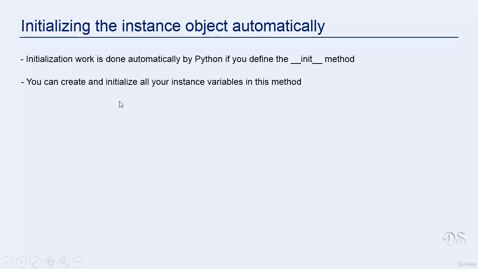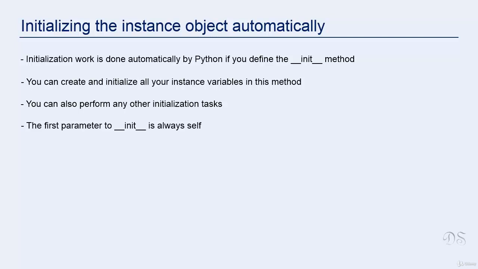Although instance variables can be created in any other method also, it is more readable and clear if you create all the instance variables in this dunder init method. You can also perform any other startup task that you want in this initializer method. For example, opening a file or setting up a network connection or connecting to a database.